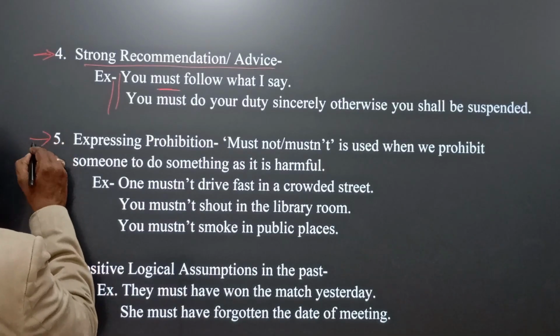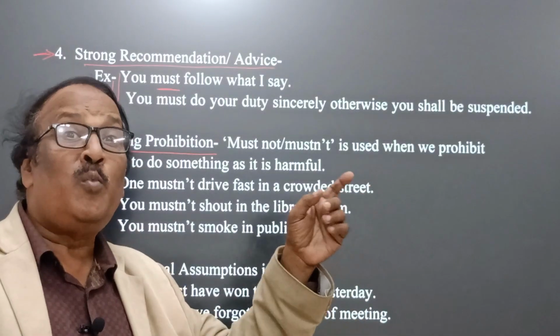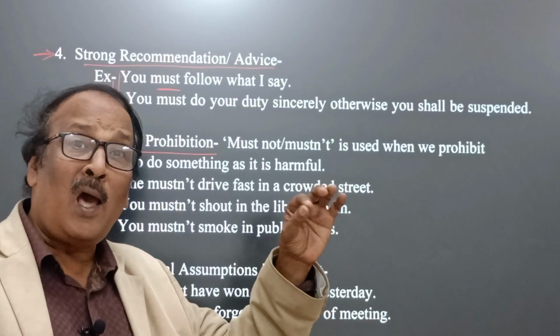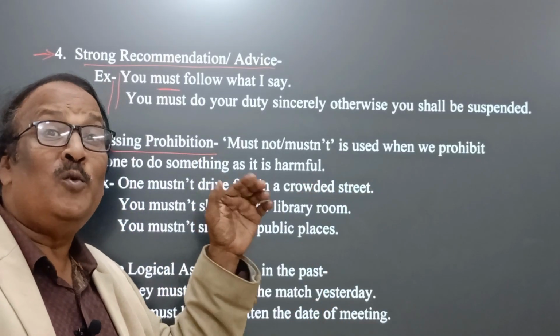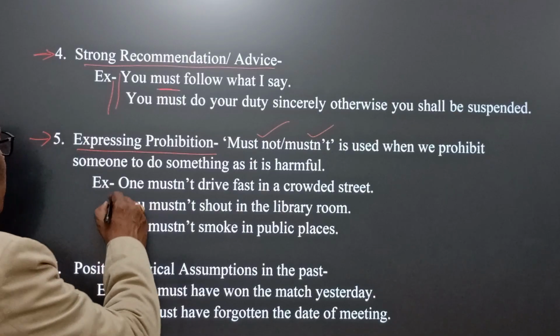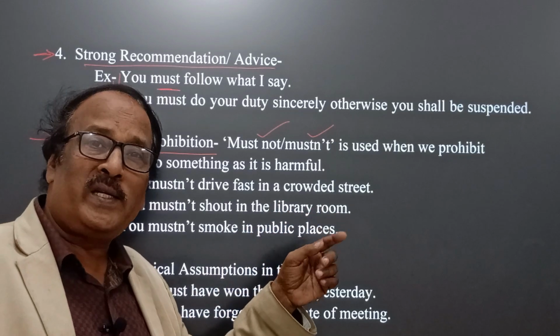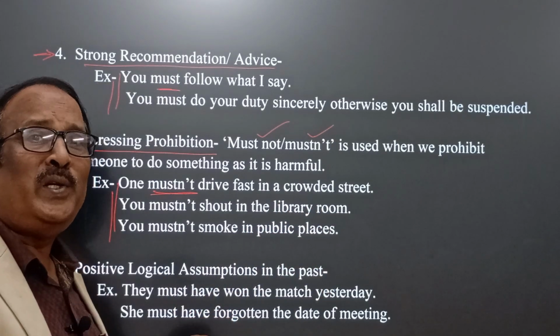Point 5. Expressing prohibition. Whenever we prohibit someone to do anything which is harmful or injurious, in that case we use mustn't. In examples, one mustn't drive fast in a crowded street because there is every possibility of accident.